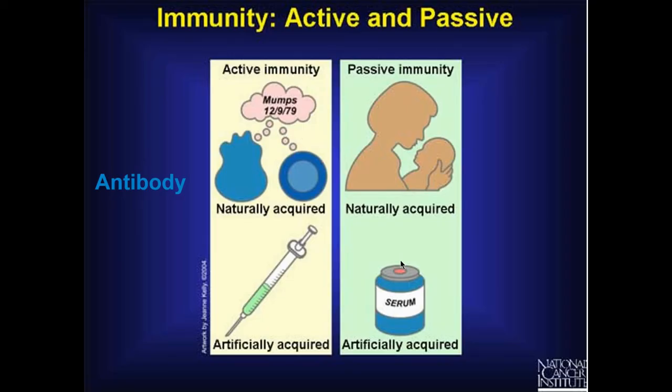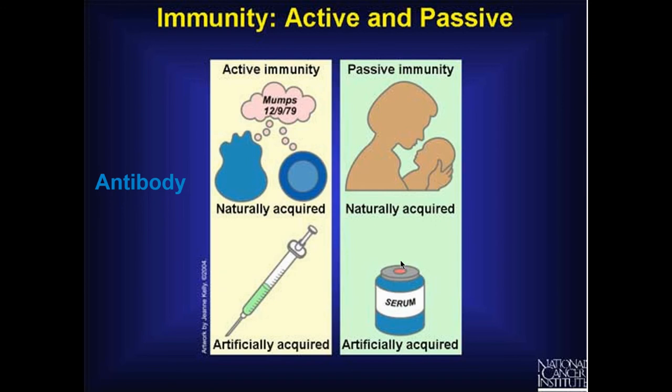Because antibodies are proteins and because they're not alive, we don't react to them unless we have whatever it is that fits into their binding site. So we can pass antibodies from one person to another. We can create our own antibodies.